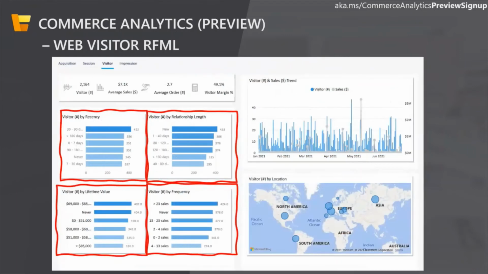Another example that Ashish just demoed is where we're able to take web activity signals, which is coming from your e-commerce website, and then we're able to marry that with transactional data that we have about your customers.